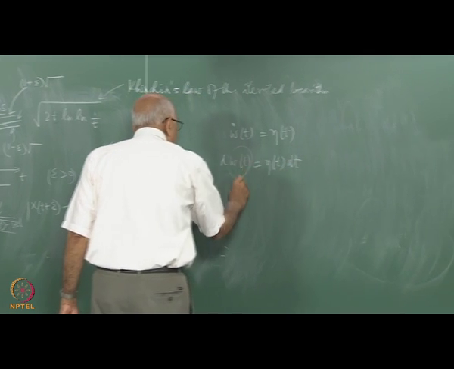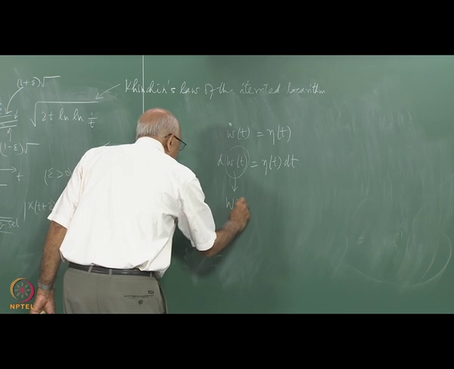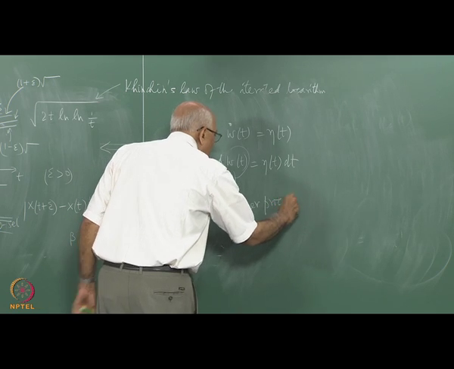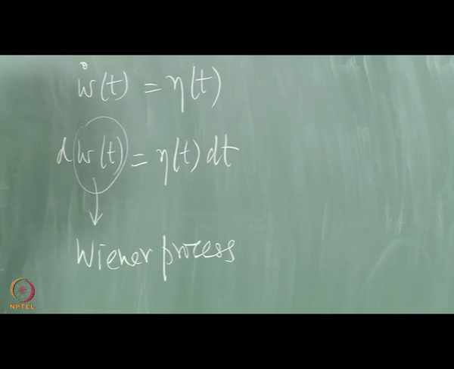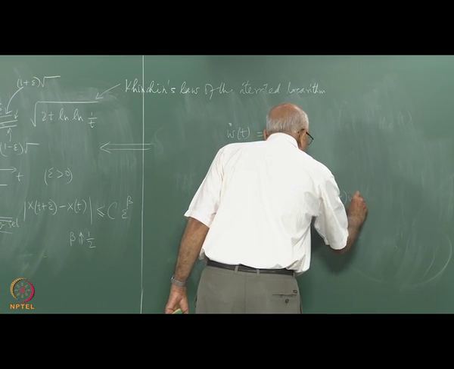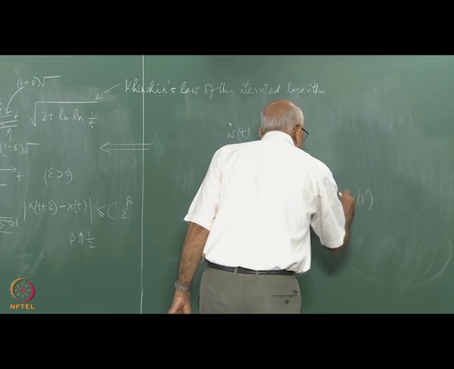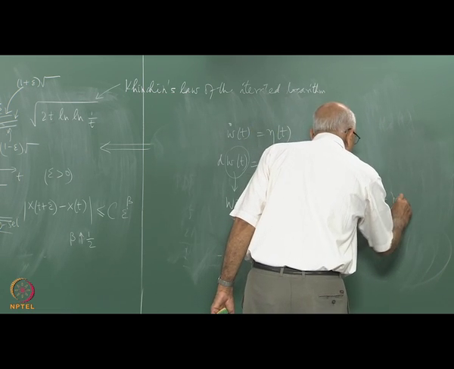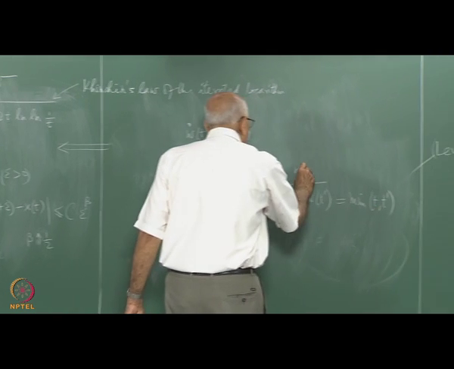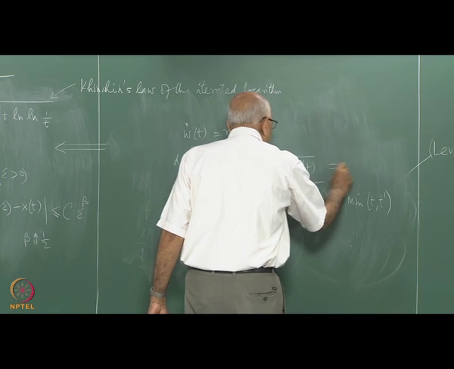This quantity, w of t, is called a Wiener process or mathematical Brownian motion, and it satisfies the average of w of t w of t prime equal to the lesser of t and t prime, and the average of w of t equal to 0.